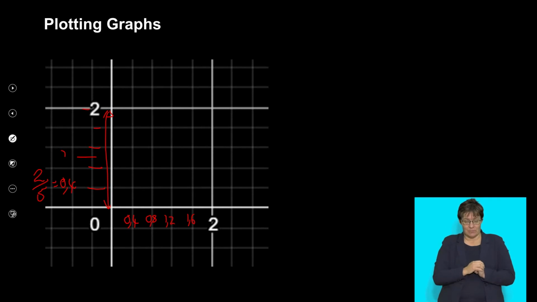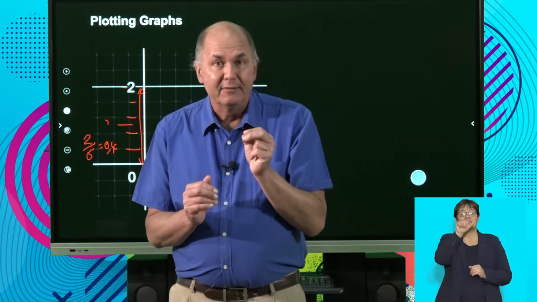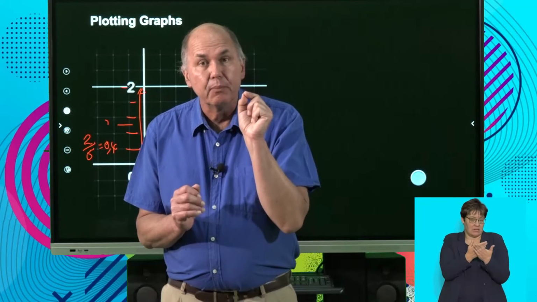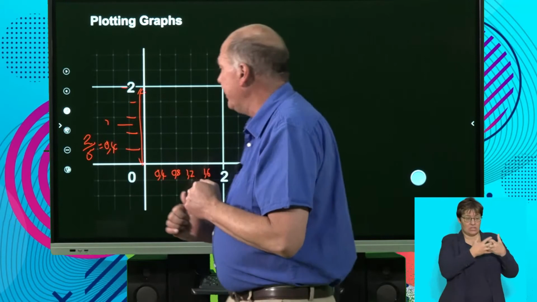When you come to plot a point, you mustn't guess where something is. If the reading is, for example, 1.65, then you must be as accurate as you can to actually put the point into place. So you always start with the value that's on the independent variable and you match it to the value given on the dependent variable.